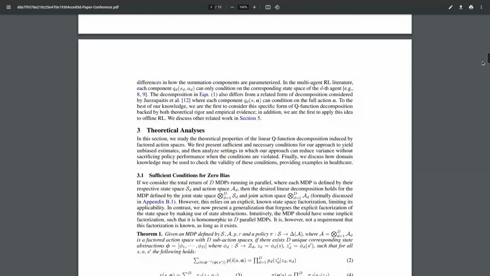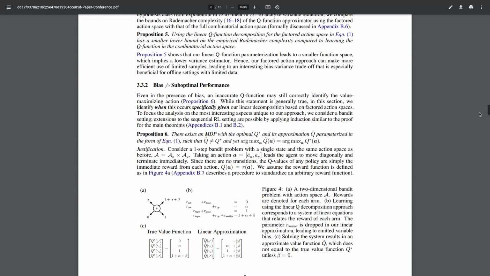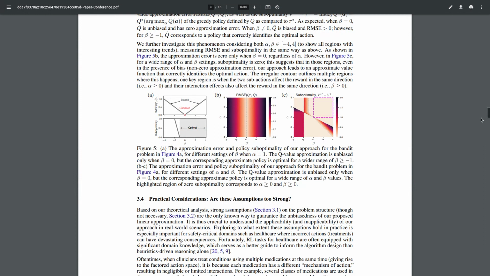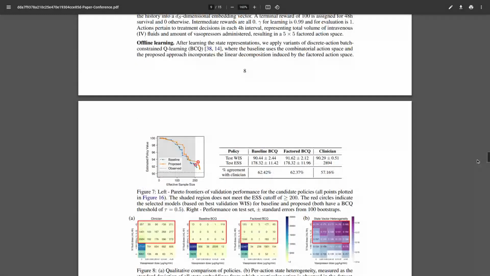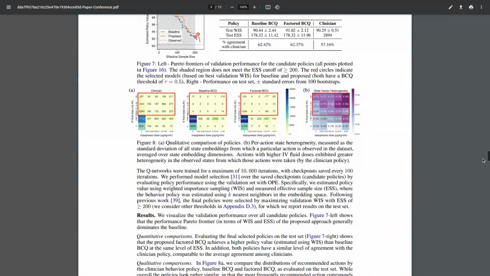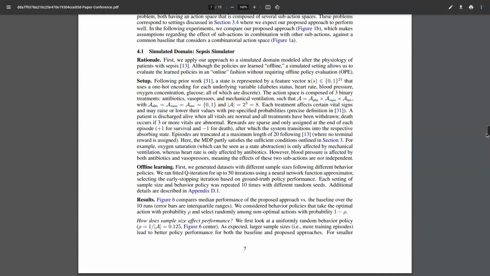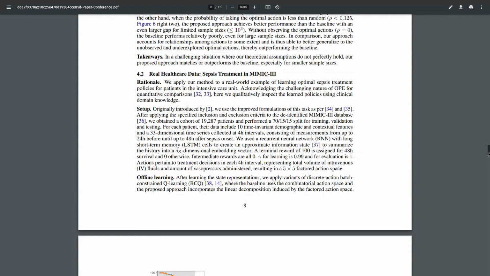scenarios, two healthcare use cases. Let me just run through their paper a little bit, and I'll point out that they look at the first is a sepsis simulator, and the second is sepsis treatment in MIMIC-3, where they use a recurrent neural network with LSTM cells.